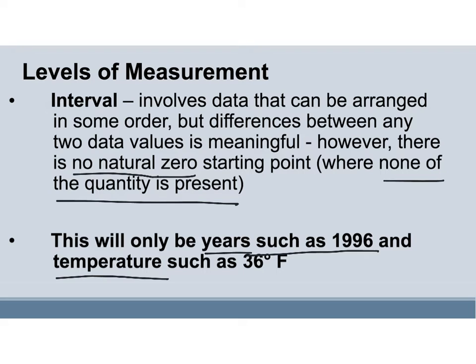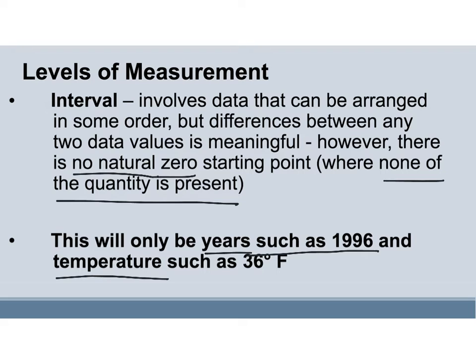Because think about it. Is there ever a time where there's no temperature? Even if it's 0 degrees Fahrenheit, that still indicates a temperature. And in fact, if you change temperature scales, 0 degrees Fahrenheit is about negative 18 degrees Celsius. So it's still got a temperature. And same thing with years.